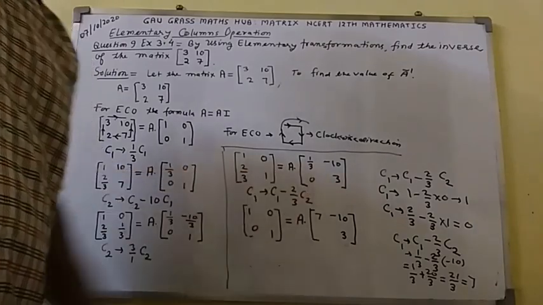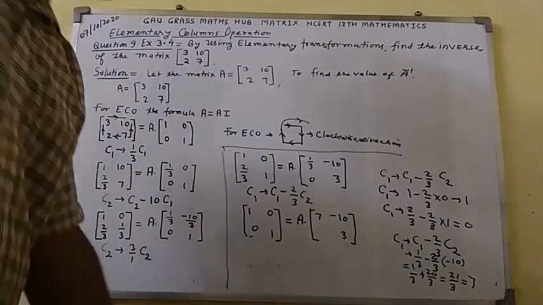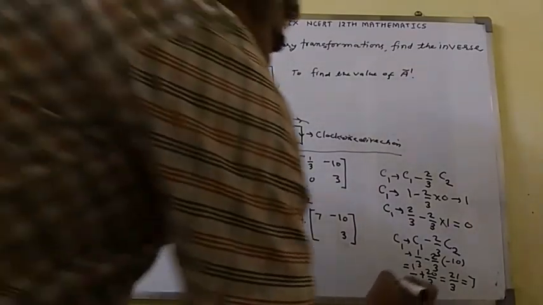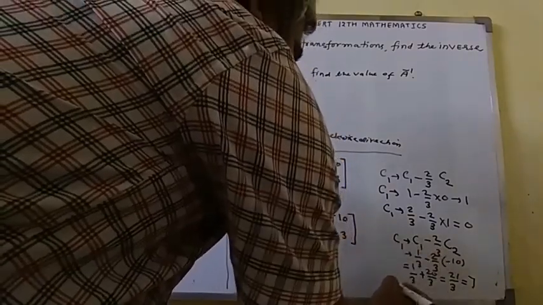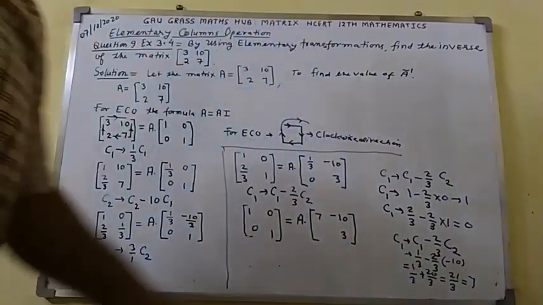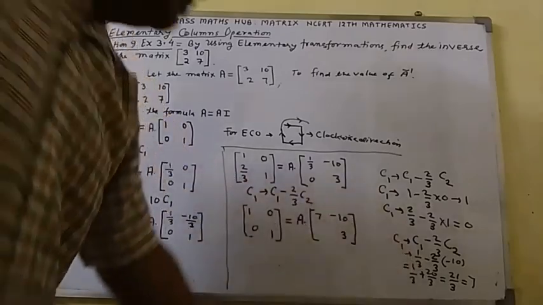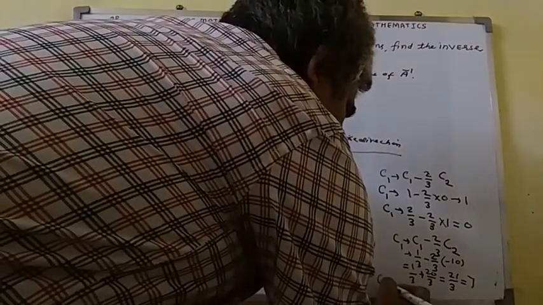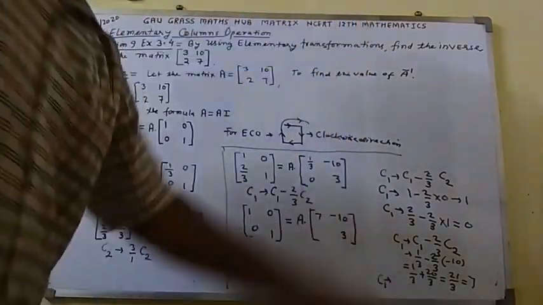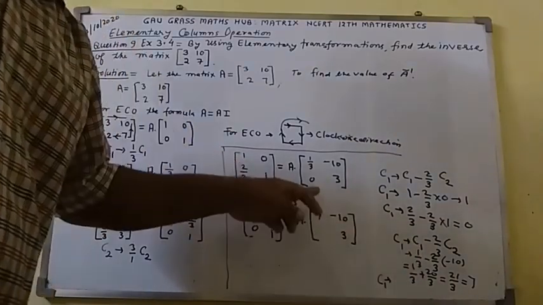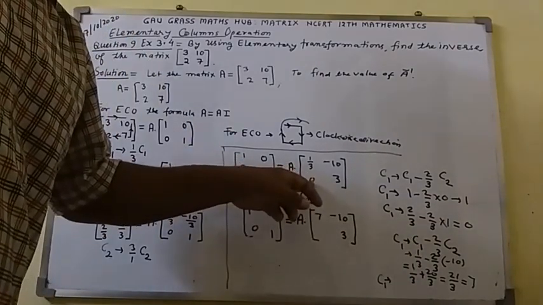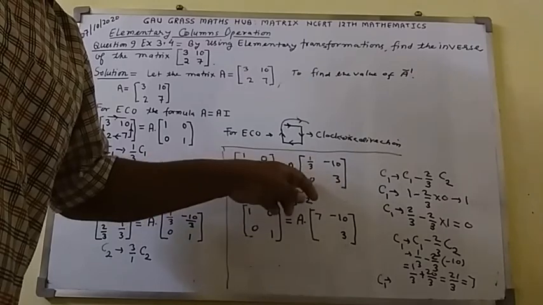And for 0, what you have to do? For 0 the calculation will be again from this property. So here write C1; this is the second element of the first column C1.